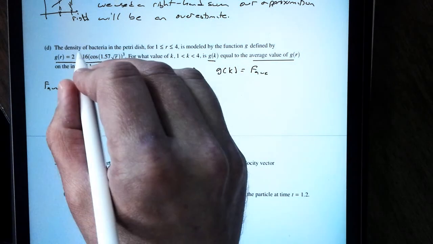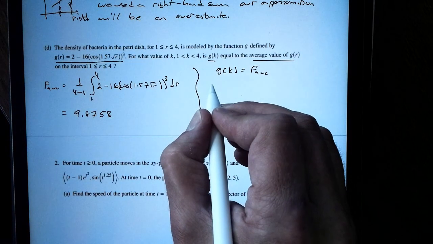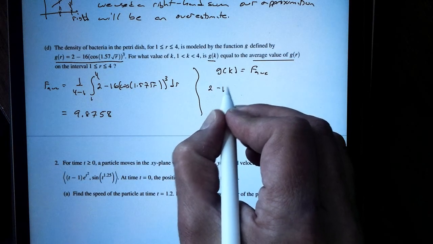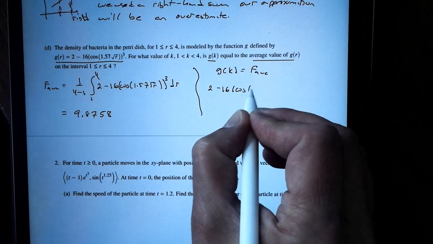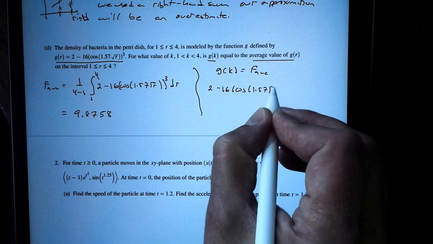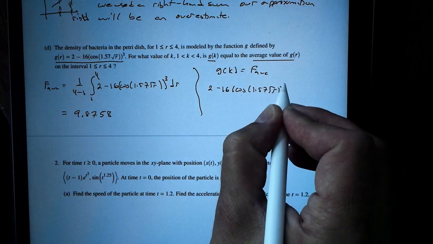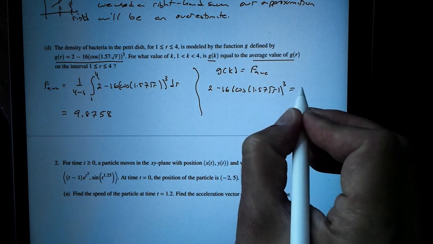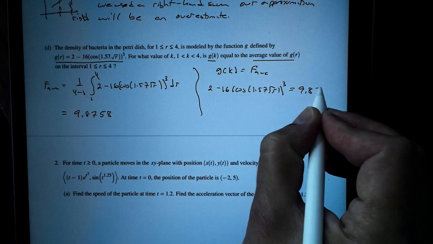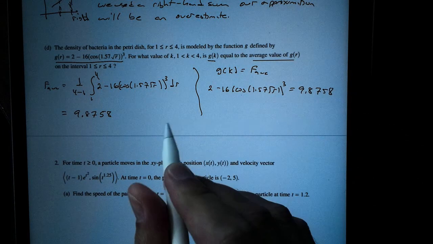So basically they want to say, okay, find where 2 minus 16 cosine of 1.57 root r, cubed, equals 9.8758.